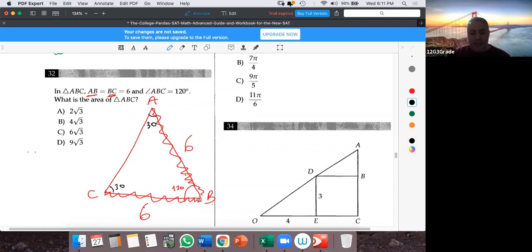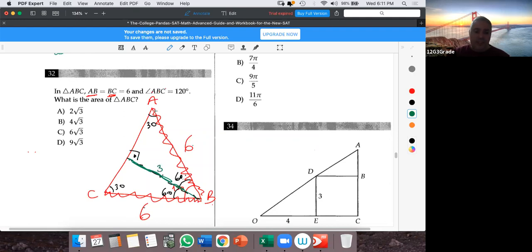Now I am saying that if I draw something like that, 90 degrees, 30 degrees, so remaining 60. It was 120, so this is also 60. And then opposite of 90 degrees, 6, means this altitude here will be 3.